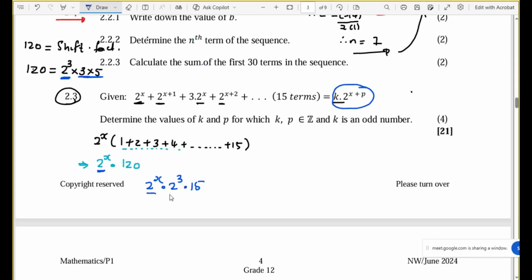So now the bases are the same, I can add the exponents. So this will be 2 to the power x plus 3. So this tells you that this is in the form of k times 2 to the x plus p. So what is k? k is equal to 15. And what is p? p equals 3.